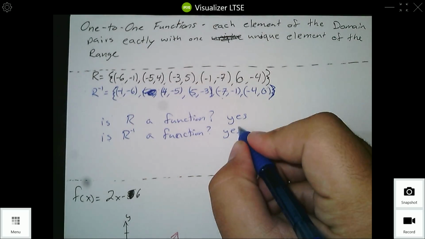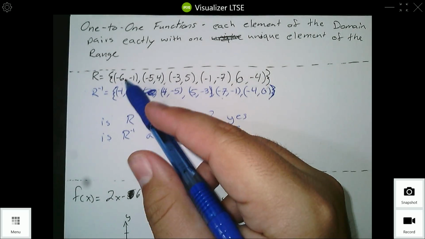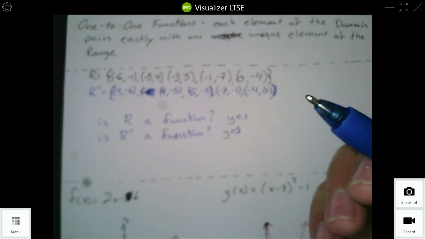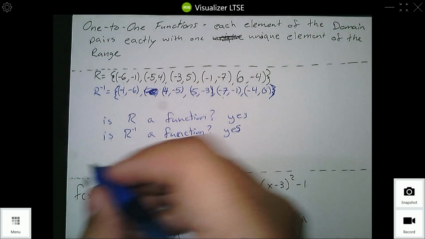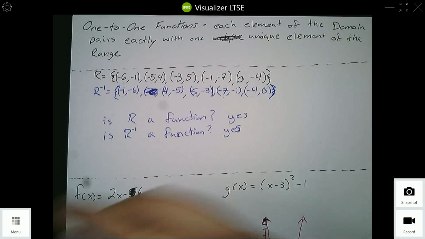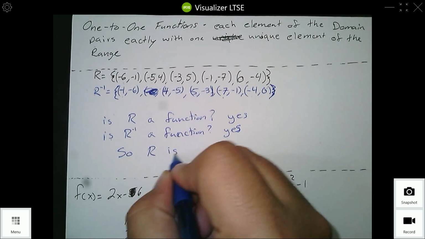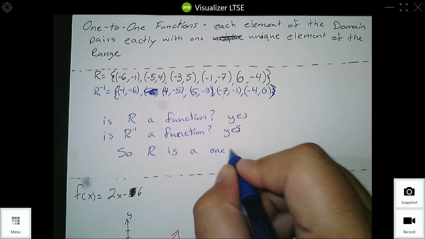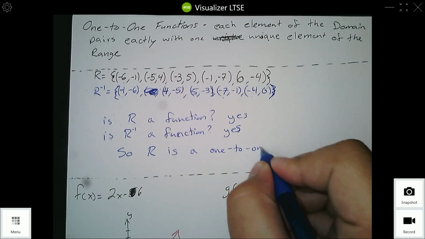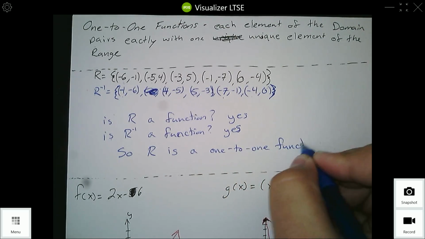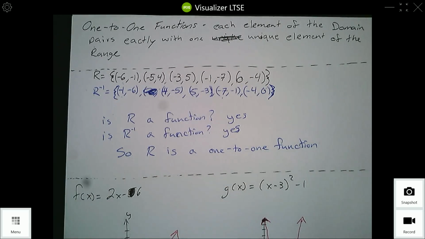If the answer for both the relation and the inverse is yes, then we can establish that R is a one-to-one function.